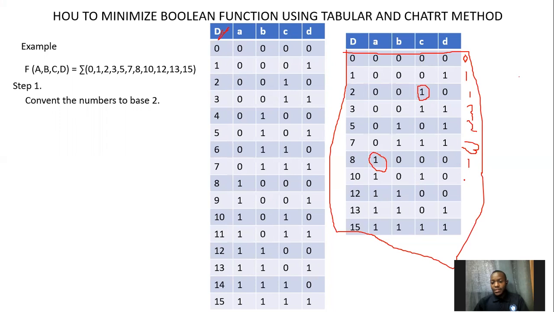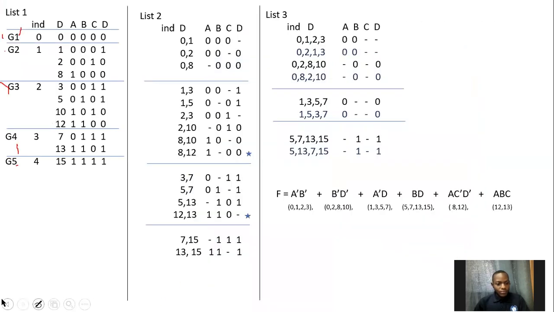Sorry, that's 2. We have 12 in group 2. We have 13 in group 3. And we have 15 in group 4, because we have four ones here. That's how I came up with the groups.